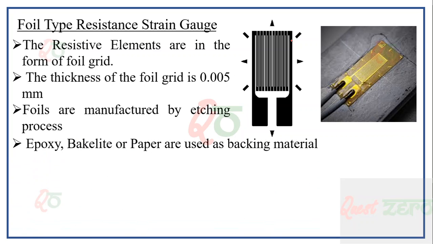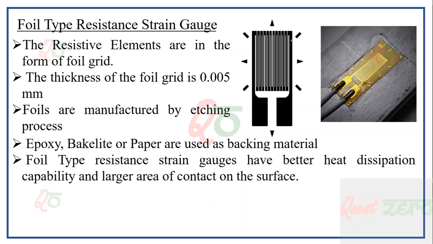And again, as a backing material for this, epoxy, bakelite or paper can be used. These foil type resistance strain gauges have the capability of dissipating the heat which gets generated because of the passing of current. Whenever resistance to current is offered, there is some amount of heat generated. So this heat should be dissipated effectively.